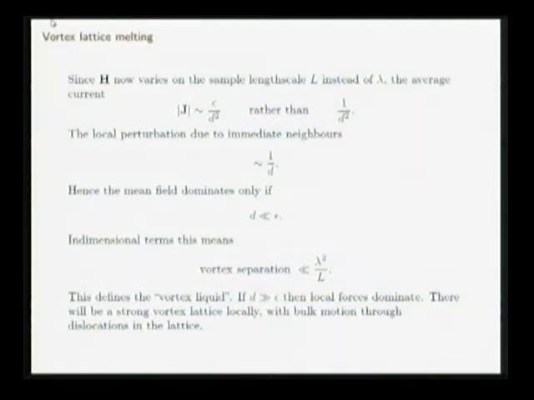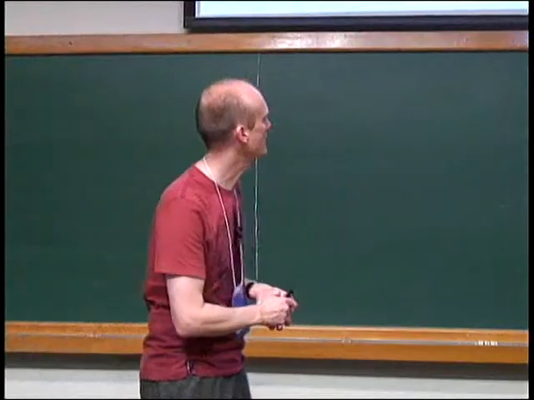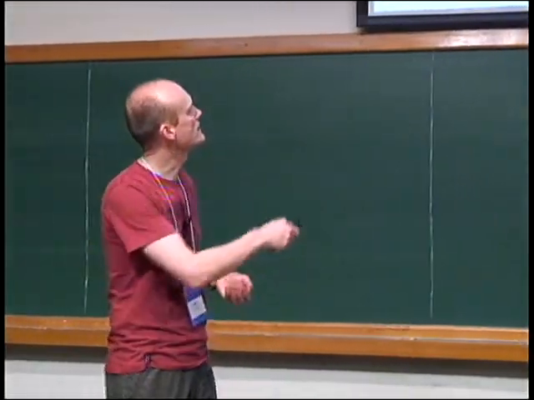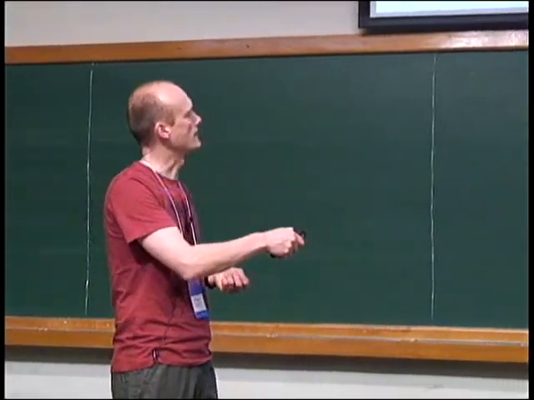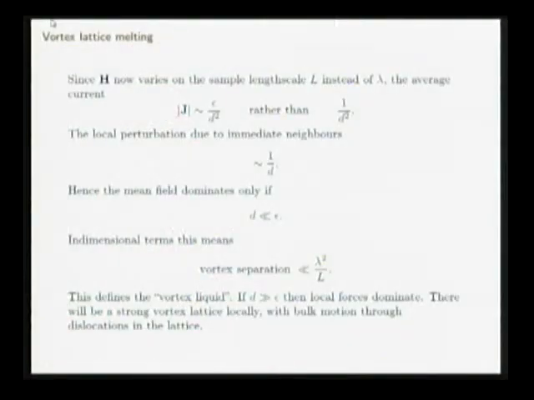And so if you're in a strong lattice locally, if you want to get any bulk motion, you've got to do that through dislocations in the lattice and things like that. And this seems to be the cutoff for the density of vortices that you need. This tells you whether our local force is going to dominate or our global, mean field force is going to dominate. So am I going to get a liquid or am I going to get a lattice?